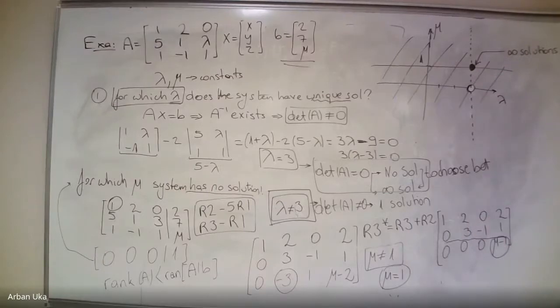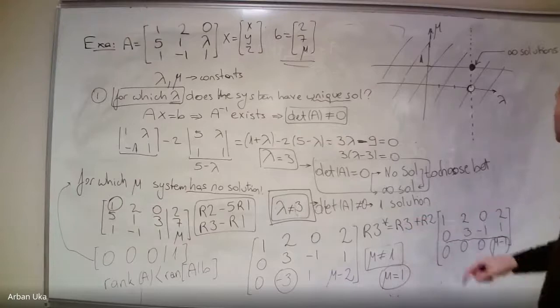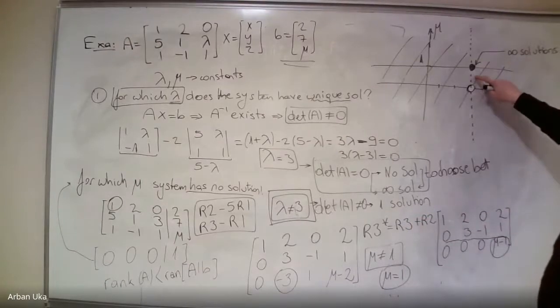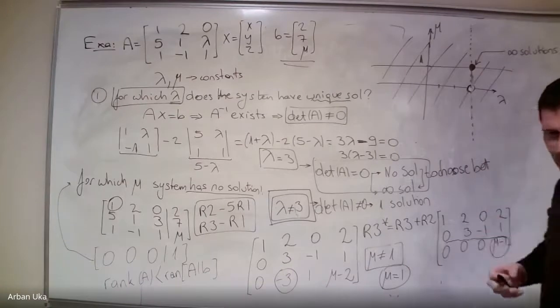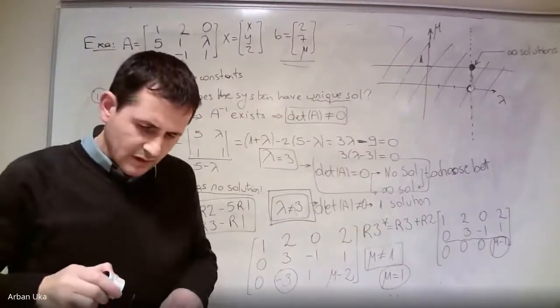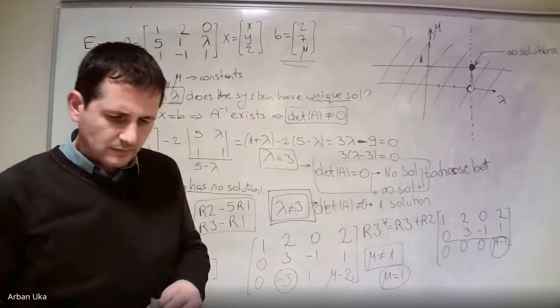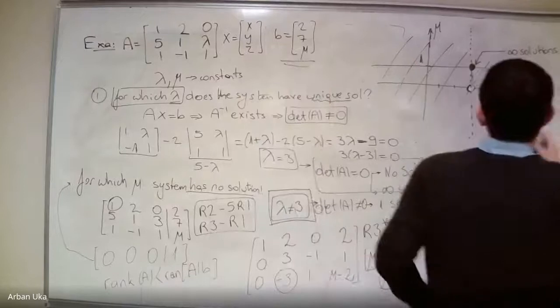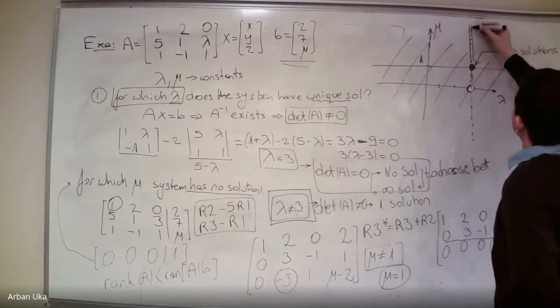And then, if we have lambda equal to 3, and mu different from 1, we have no solution. Okay, so I believe we are here. I wish I had a red color here, but I don't have a different color. So, lambda equal to 3, and mu different from 1. So let's draw a double line or a triple line.